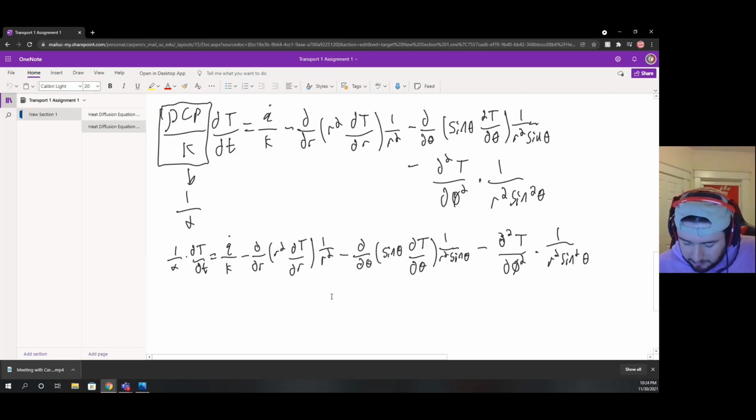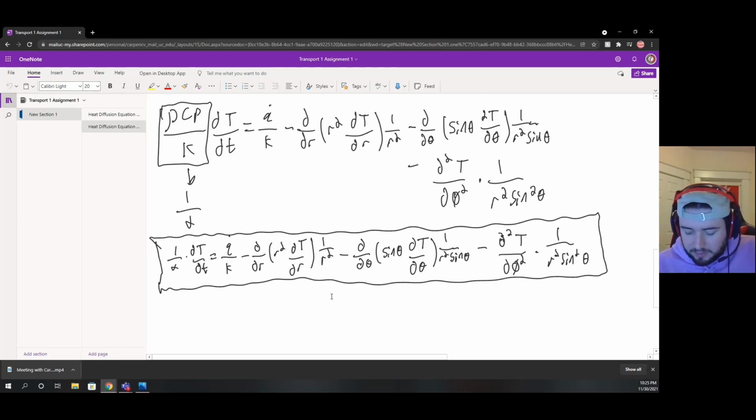And that, my friends, is the solved version of the heat diffusion equation for spherical coordinates.